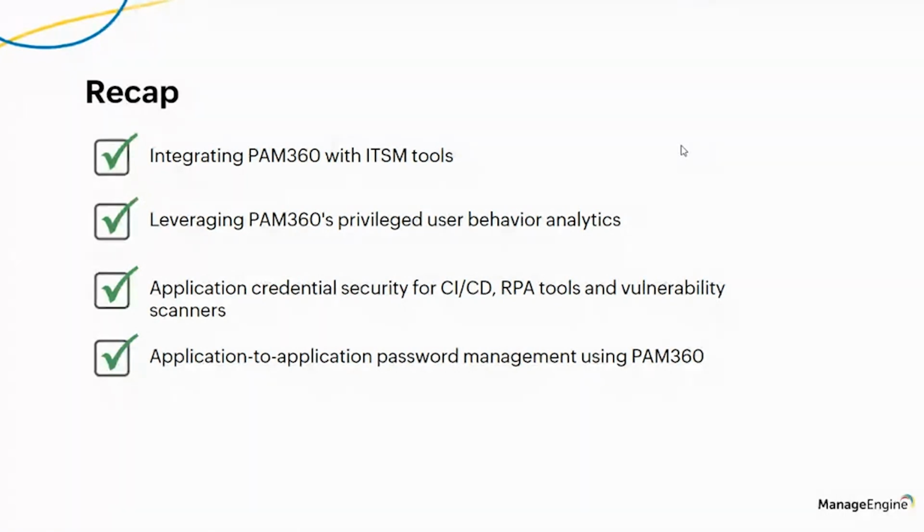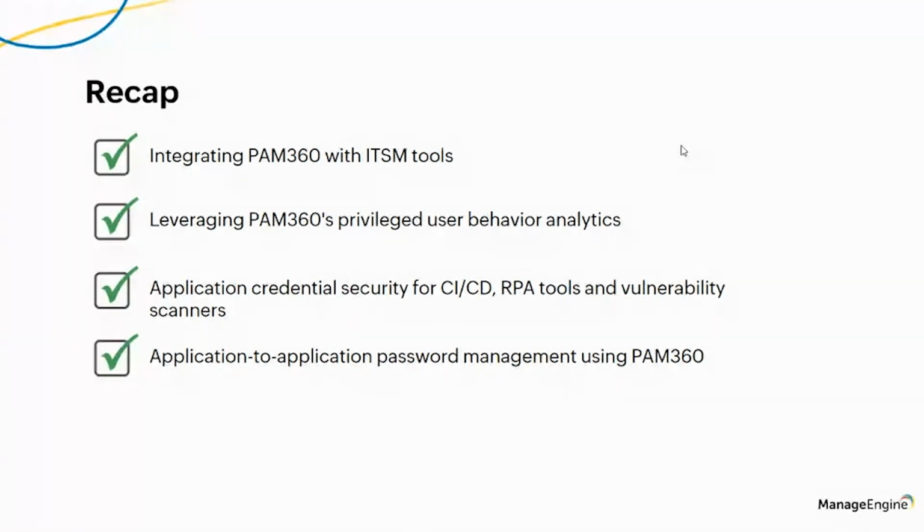So to recap, we saw how PAM can be hooked with your ITSM solution to eliminate people having to jump between both applications. We saw how you can leverage PAM360's integration to get anomaly detections and advanced event correlation to find out what really is happening in your infrastructure, even when PAM is bypassed.